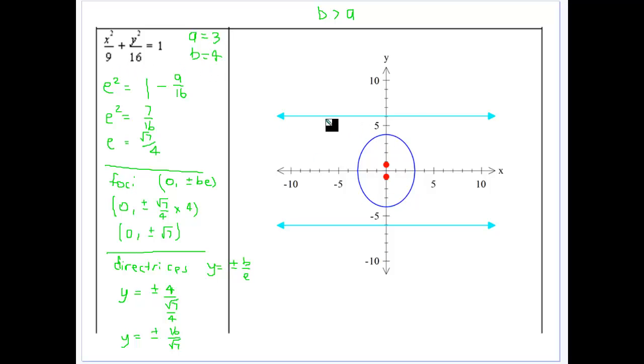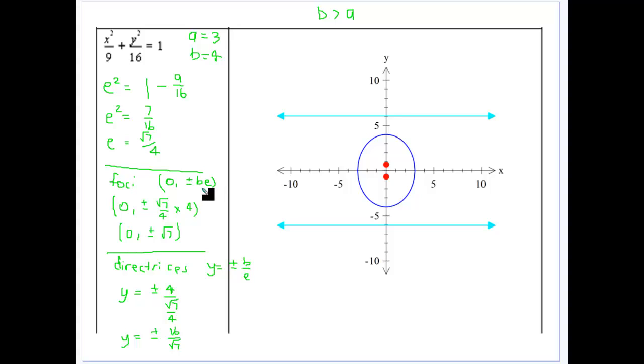So that's going to change our directrices and our foci. Our foci sit on the major axis, and our directrices are perpendicular to the major axis. So we have to change that around. What does it mean for our foci? Well, not too much of a difference, except the foci will have an x coordinate of 0 and a y coordinate now, and it's just plus or minus b times e. That's the only difference.